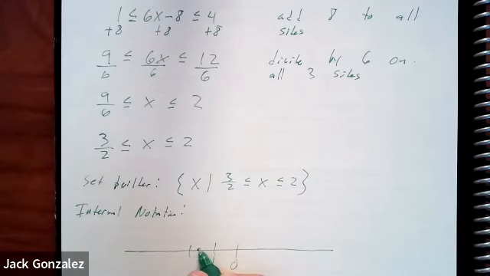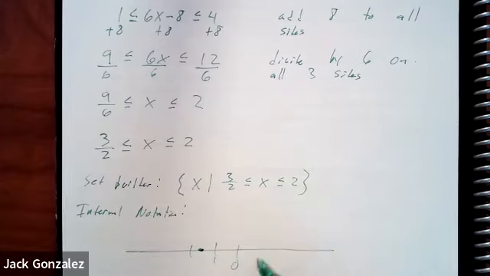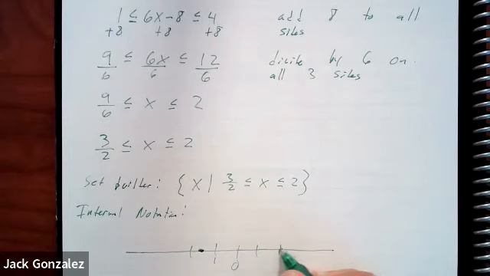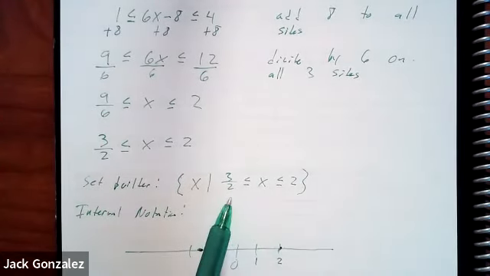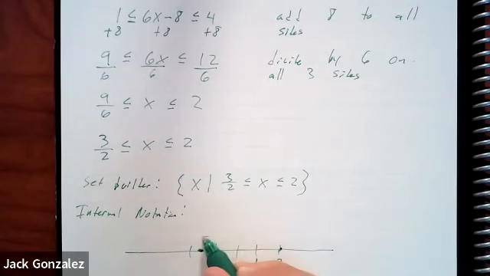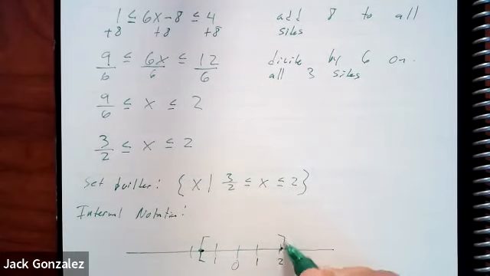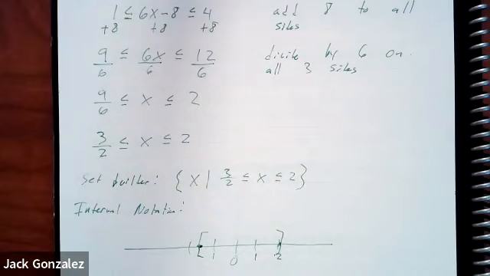So 3/2 is about here, and 2 is over here. It's between these 2 numbers, you're not going past 2. Do you agree with the picture?